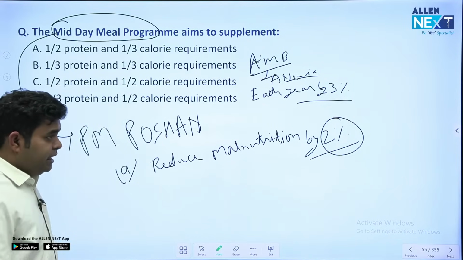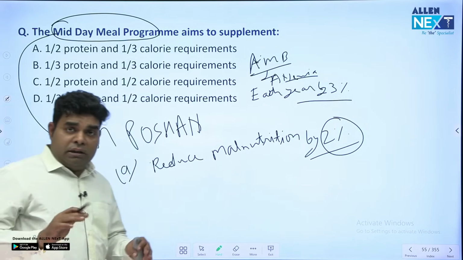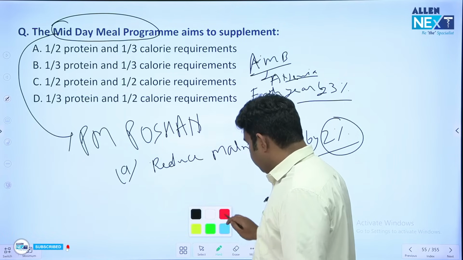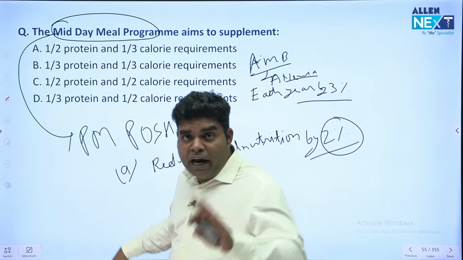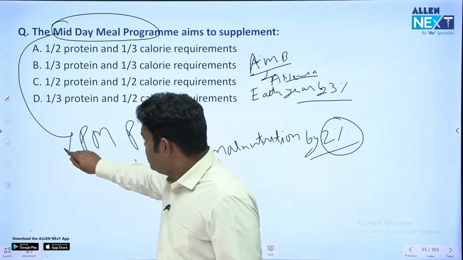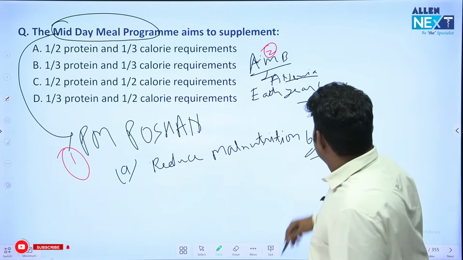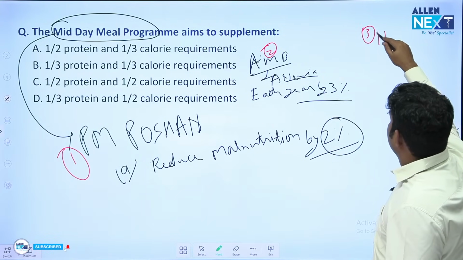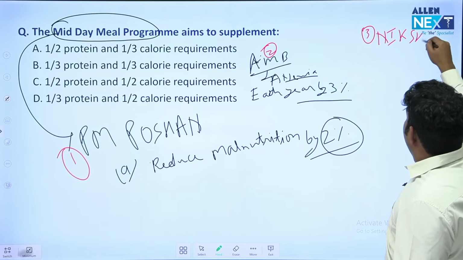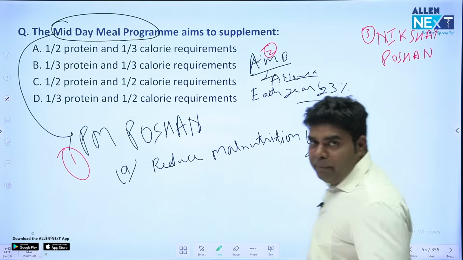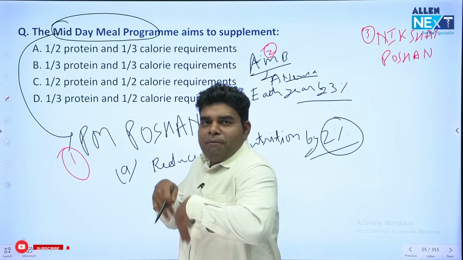Now, remember my friend, this Poshan Abhiyan is a program. And under that Poshan Abhiyan, there are 5 programs which come under Poshan. First is PM Poshan. Second is Anemia Mukt Bharat. Third is Nikshay Poshan. See, Nik means no, Kshay means loss of body.